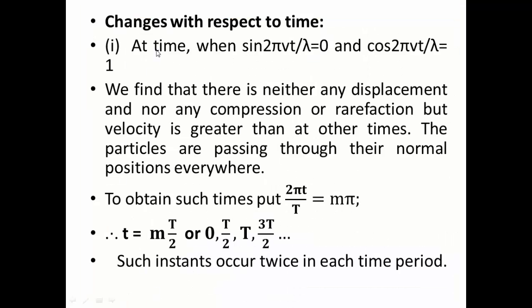Now we consider the changes with respect to time. At the time when sin 2πVt/λ is equal to 0 and cos 2πVt/λ is equal to 1. In the case of position, we took these angles: in one case sin 2πx/λ is equal to 0 and cos 2πx/λ is equal to 1. Secondly, in the second case of position, cos 2πx/λ is equal to 0 and sin 2πx/λ is equal to 1.